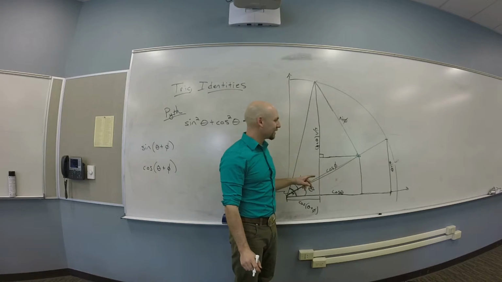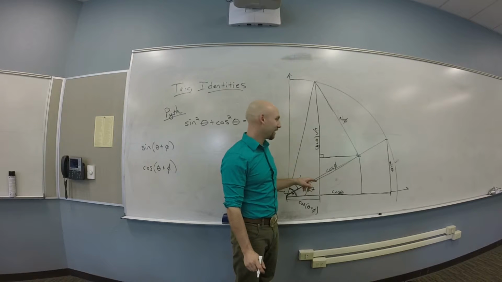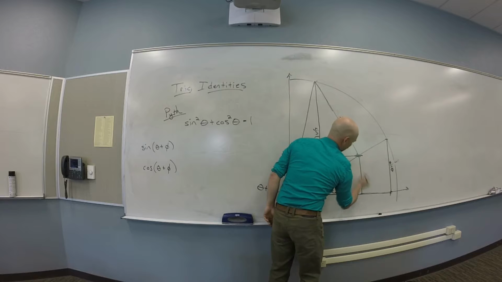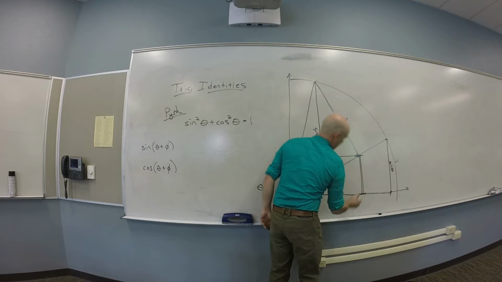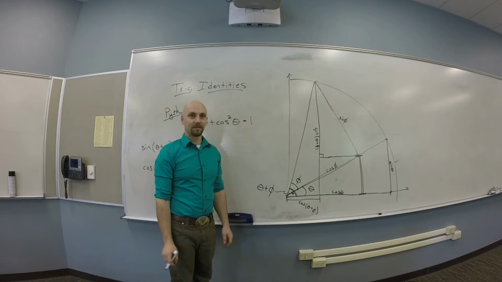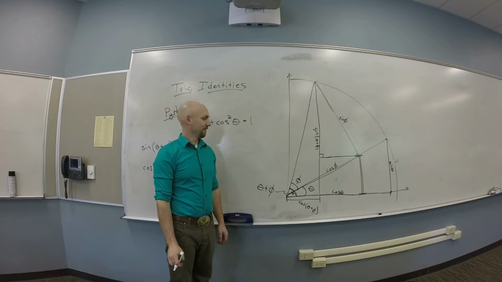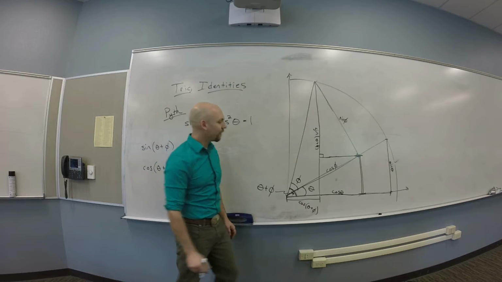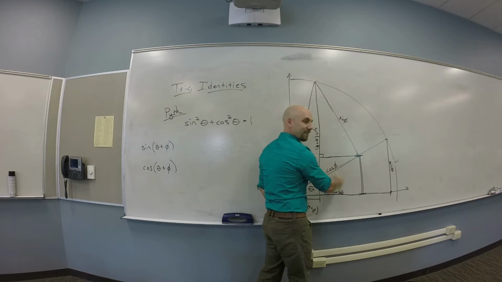I'm gonna start yanking some pieces out of this, but the first one I wanna get is this piece right here. There's a square in there. You guys see that?